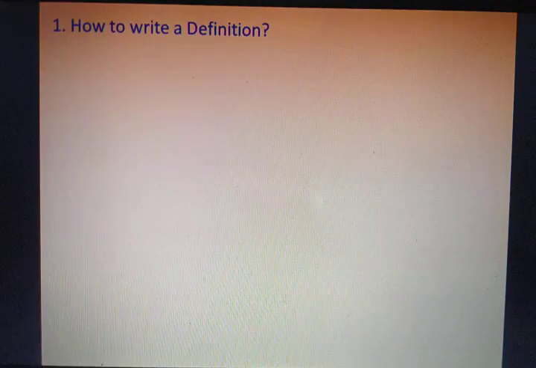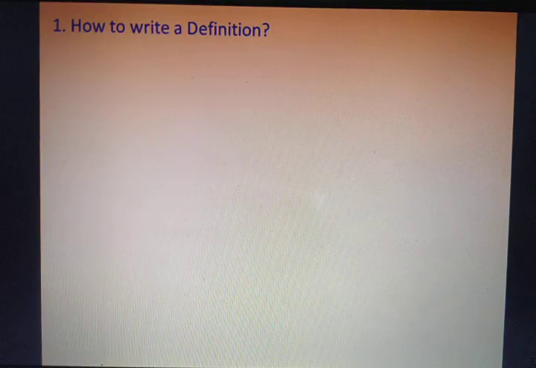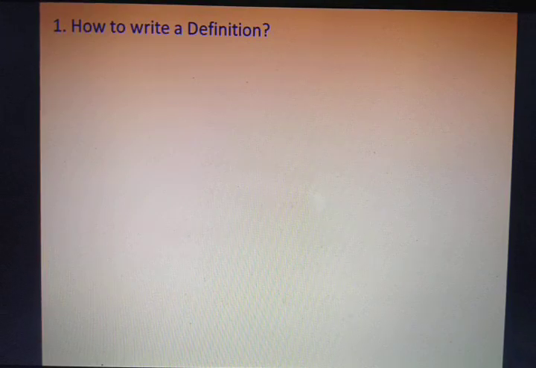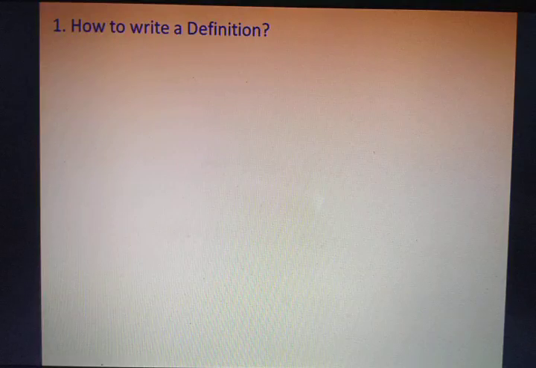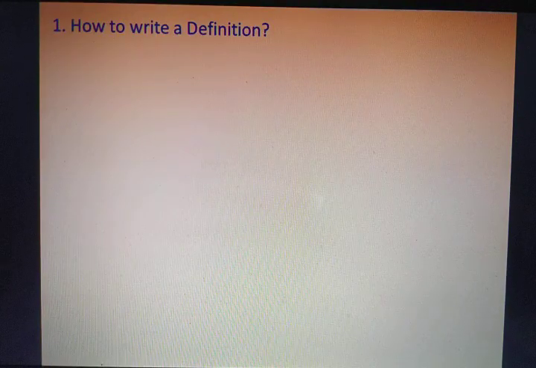Or if you are using your own set of answers, then there are some writing difficulties, and examples are not there. So today, when we are discussing a revision, the first thing I'll discuss is how to write a definition.